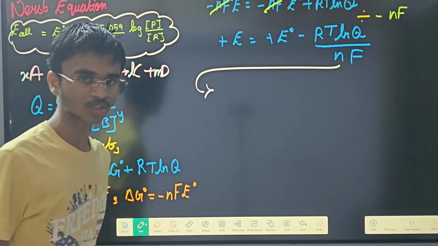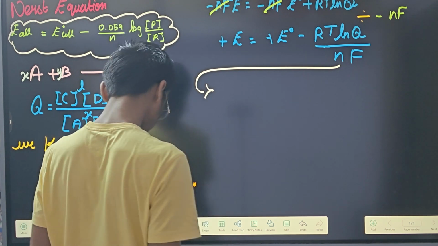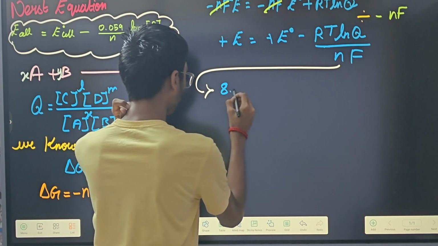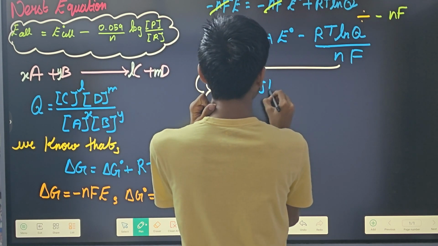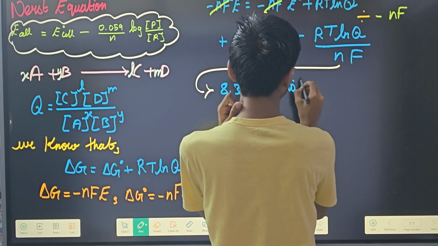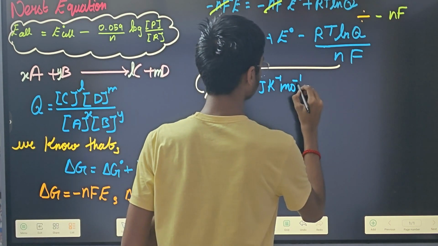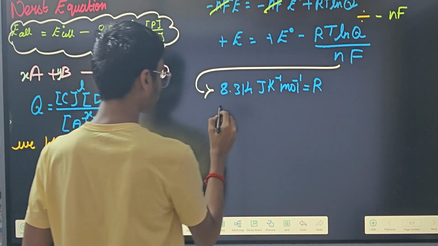What is R? R is a constant, I think it's known as the universal gas constant, whose value is 8.314 joule per kelvin per mole. Then T is always constant.